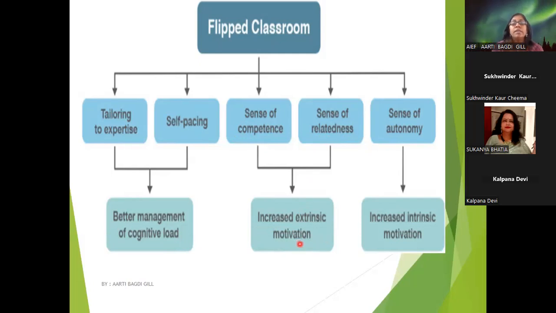Now here in the flipped classroom, we are going for both extrinsic motivation and intrinsic motivation, right? When the children are in a bunch of students, they are getting the motivation. When they are individually doing something at home, again, they are doing the same thing.